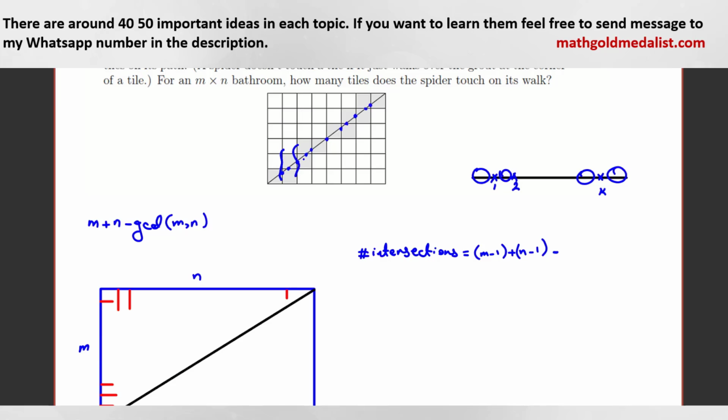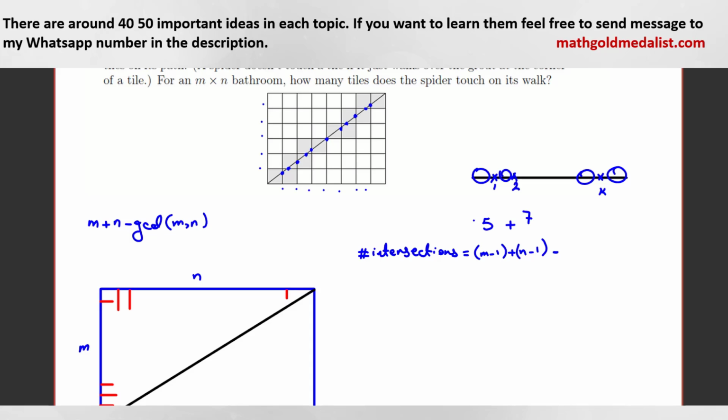This line intersects all these vertical lines and all horizontal lines. The number of intersections of vertical lines: 1, 2, 3, n minus 1. For horizontal lines, 1, 2, 3, 4, 5, 6, 7. It is 7.